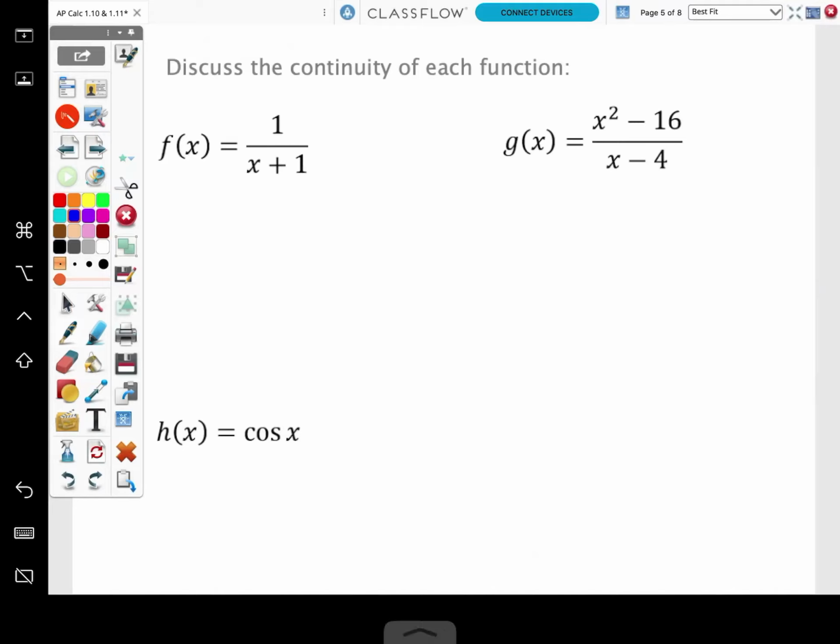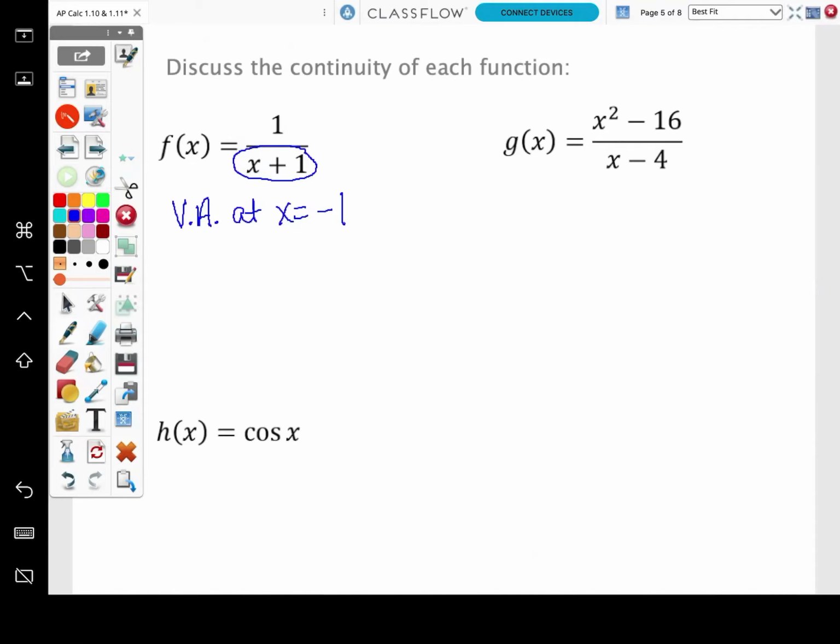So right now we have to be concerned about something in the denominator that's going to cause a division by 0. All of you can see that a negative 1 is going to make that 0, and there's nothing to cancel on top. So there's some sort of discontinuity, and being we're smart, we know it's a vertical asymptote at x equals negative 1. You could just say discontinuous at x equals negative 1, but the more specific you can be in the case of continuity, the better.